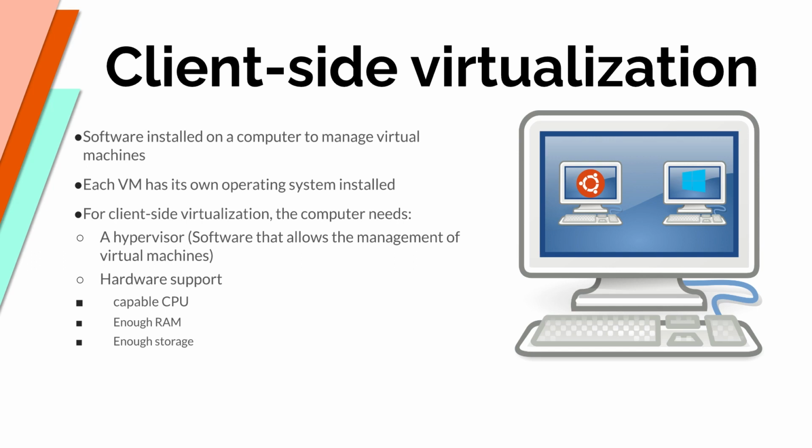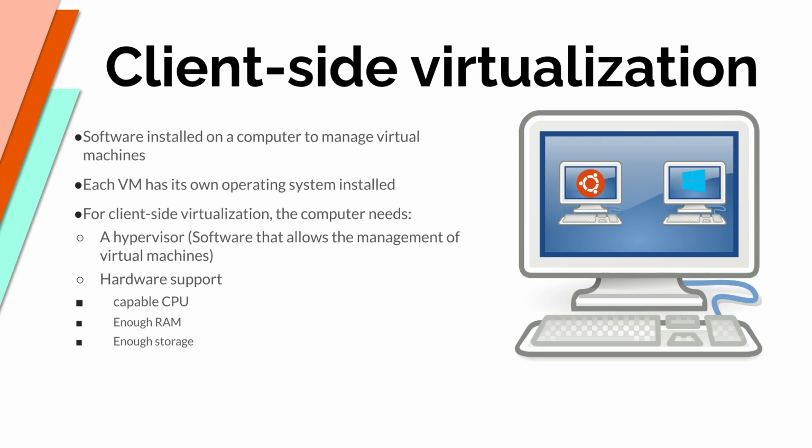For client-side virtualization, a computer needs a hypervisor, which is just the software that is running and managing virtual machines, right? You also need hardware support, and by that I mean you need a decent CPU that can support virtualization, and you need enough RAM because while your virtual machine is running, it's taking real resources away from your computer, right?